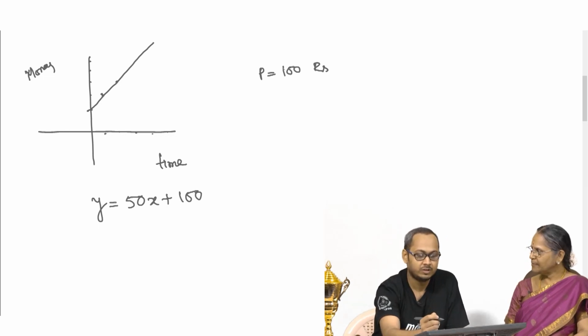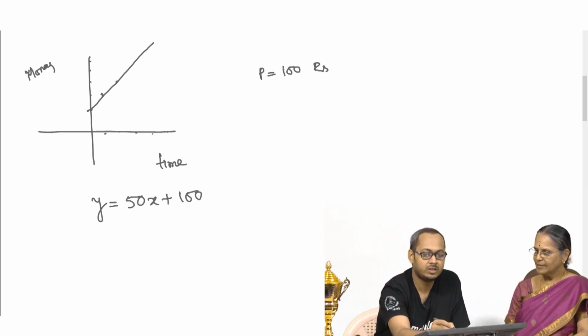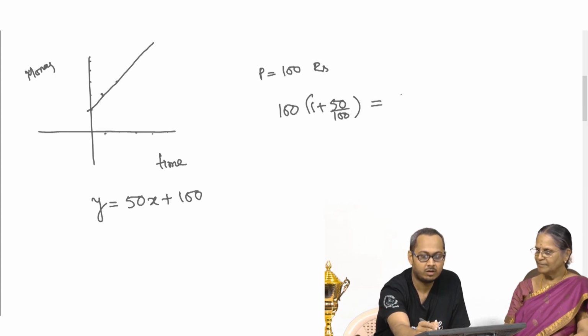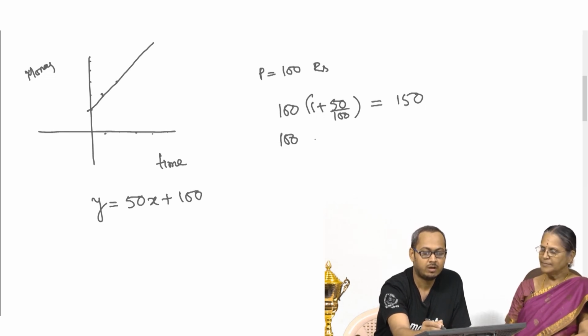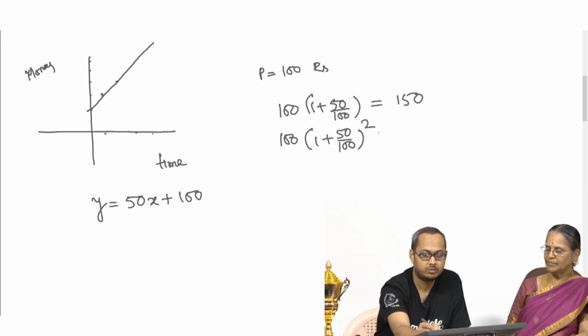So then, after 1 year, the amount will be 100 into 1 plus 50 by 100. That will be, it is 1 by 2, so it will be 150. Similarly, at the end of 2 years, it should be 100 into 1 plus 50 by 100 power 2.